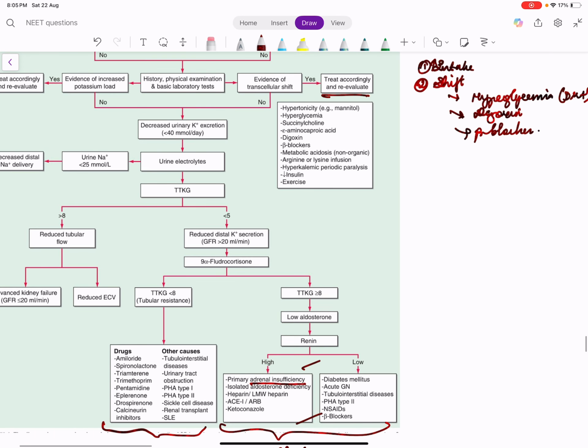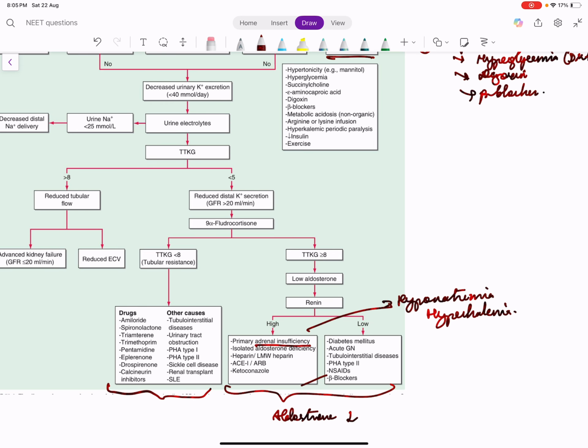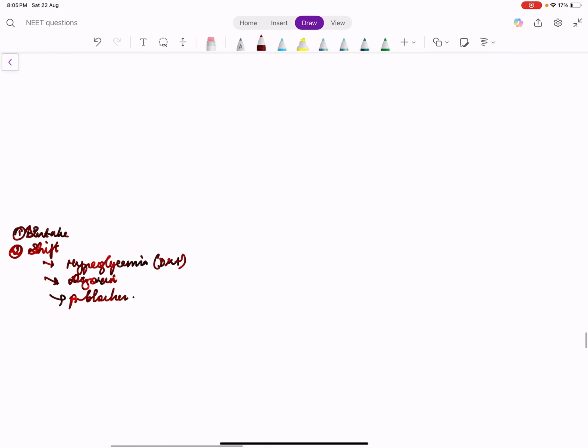Adrenal insufficiency will cause hyponatremia and hyperkalemia. I think you can understand why it is so now. Conn syndrome or aldosterone excess will cause hypernatremia and hypokalemia. Aldosterone deficiency will cause hyponatremia and hyperkalemia. Okay, so these are the causes of hyperkalemia.